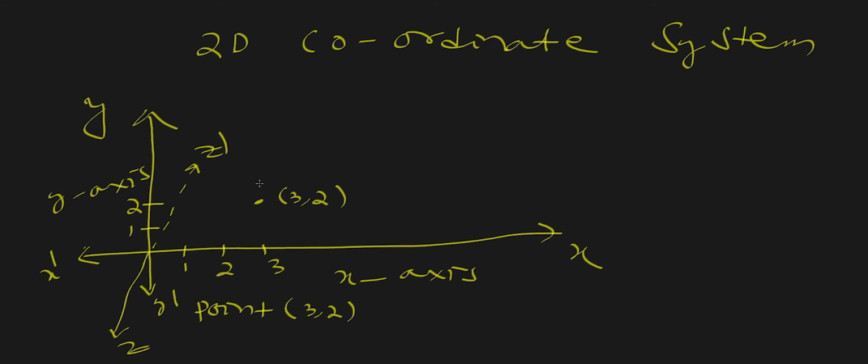A point in 3D space is described by three coordinates: x, y, z.